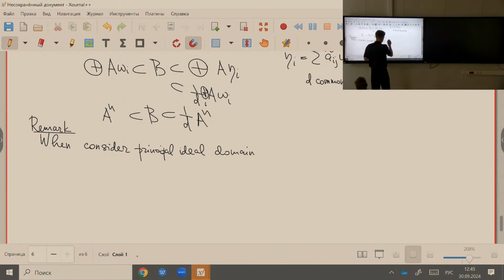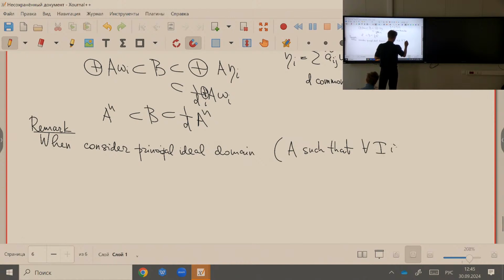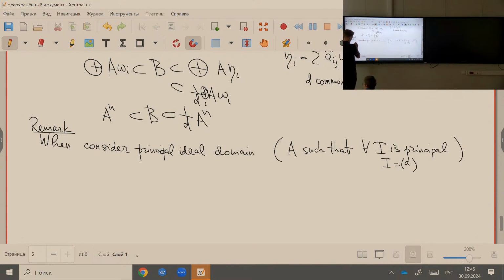So the ring A is such that any ideal I is principal, meaning that I is equal to (a) for some a. Yeah, so we have a theorem that a submodule of a free module over a principal ideal domain is also free.